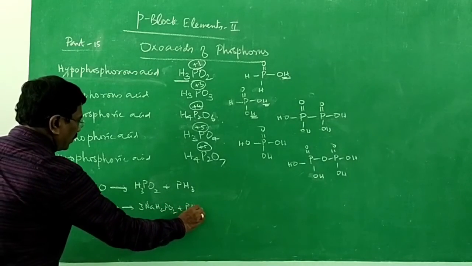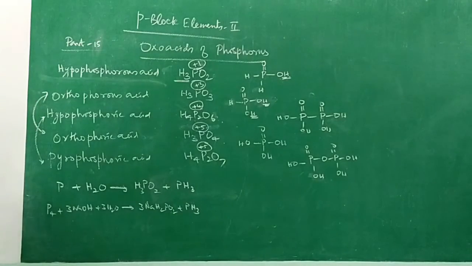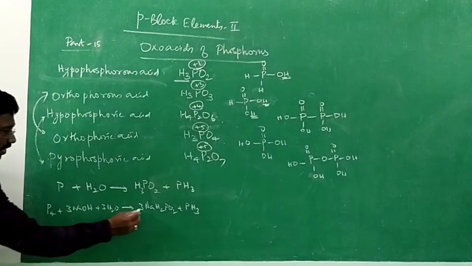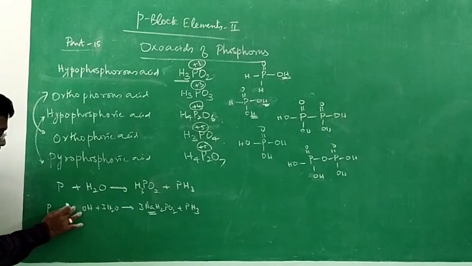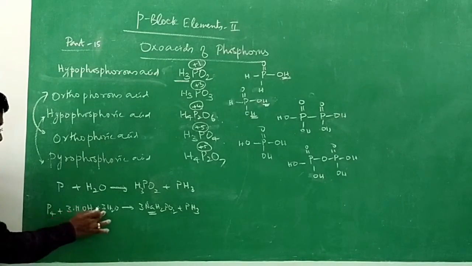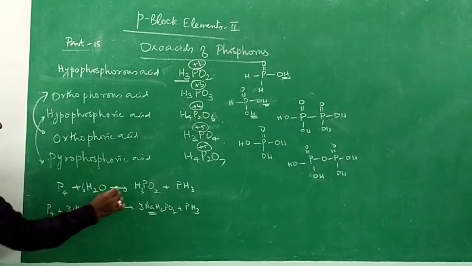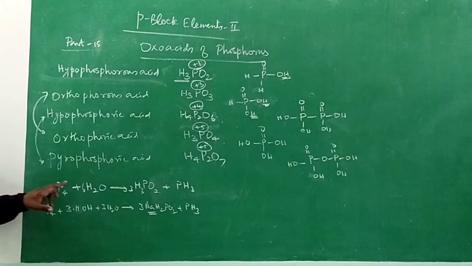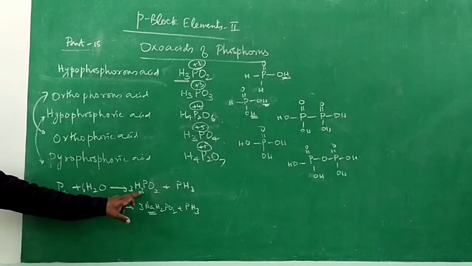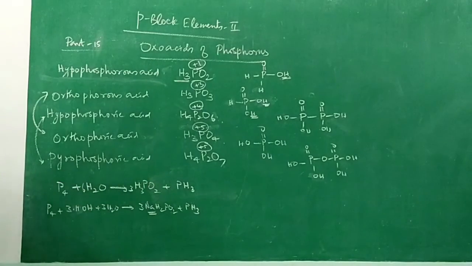You may be knowing this equation. It is the preparation of phosphine in an inert carbon dioxide atmosphere. Instead of sodium, we put hydrogen. So P4 plus 6H2O gives 3H3PO2 plus PH3.